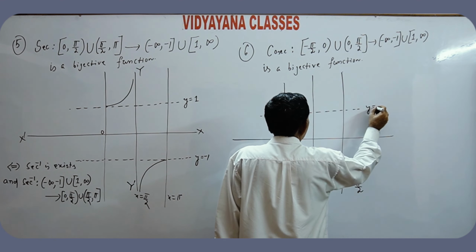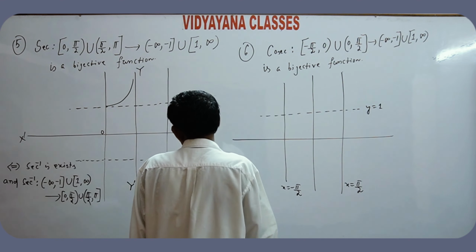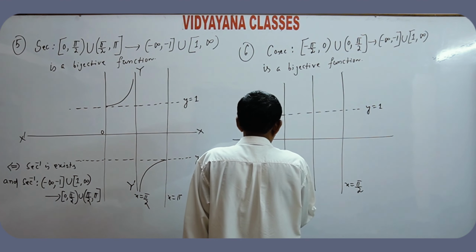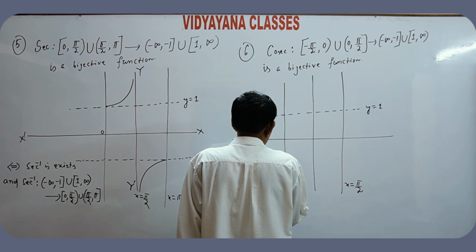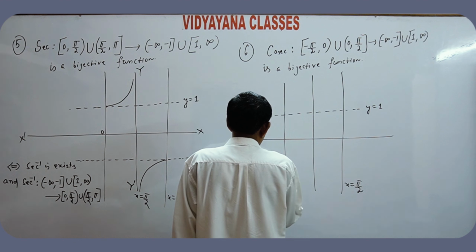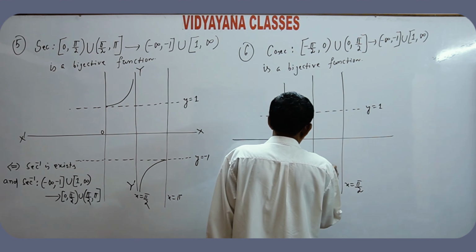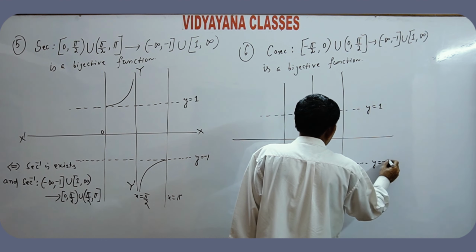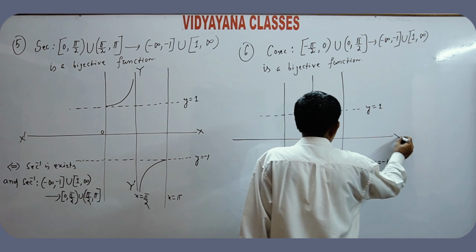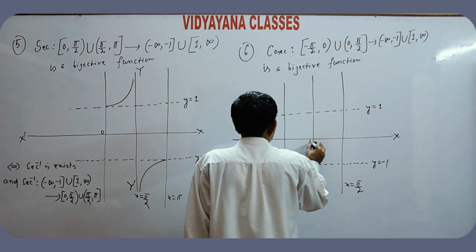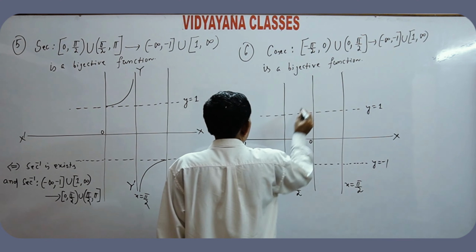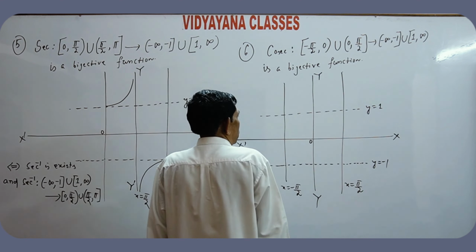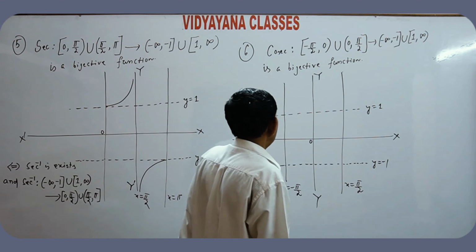It is the line y is equal to 1. It is the line y is equal to minus 1. It is the x-axis, origin, x dash, y dash. This line is x is equal to pi by 2.